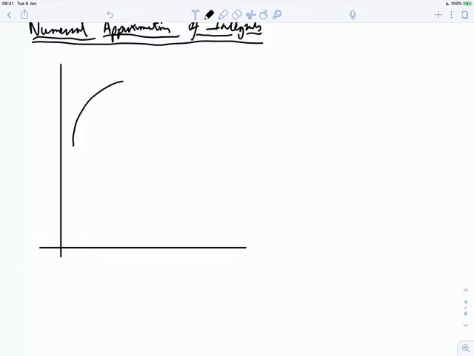Let's suppose I've got my function of x like this, and let's say I'm interested between this value a and this value b. And now, here's where it gets a little bit technical. This starting height here is y0, some initial y value.